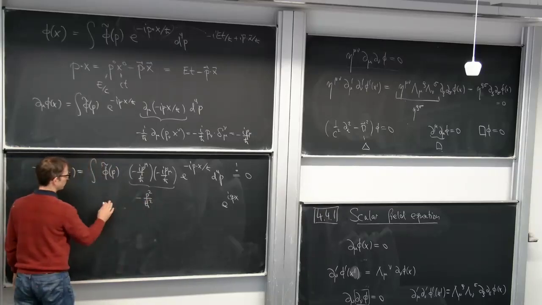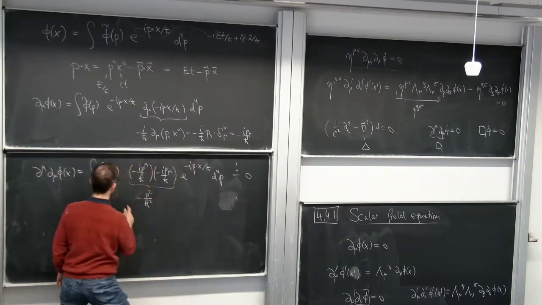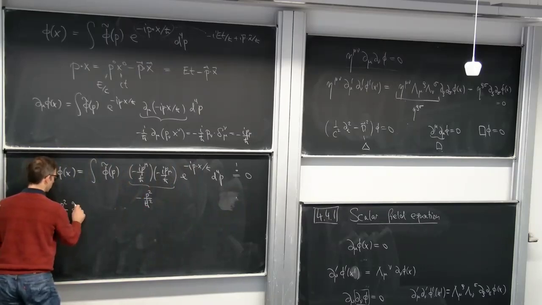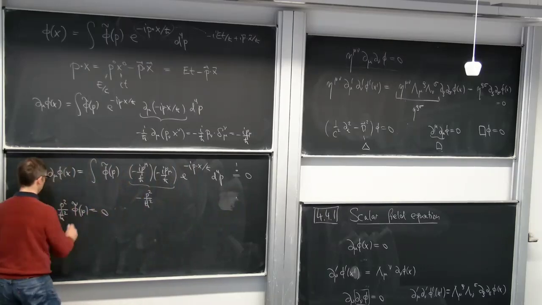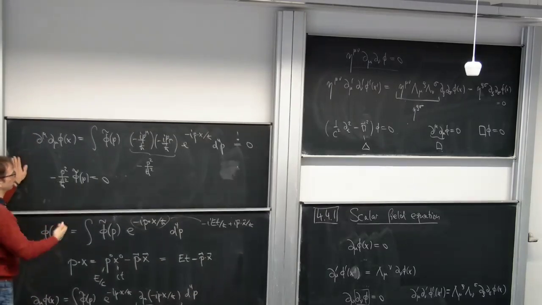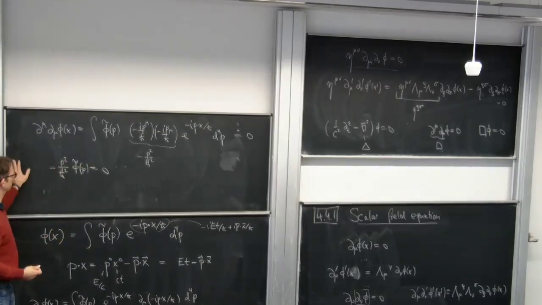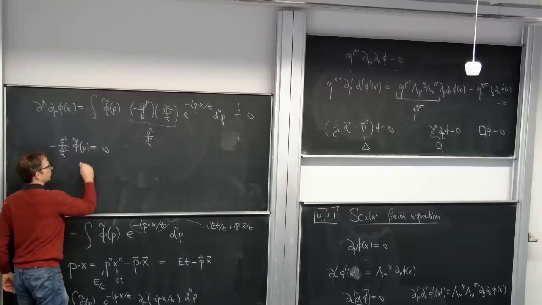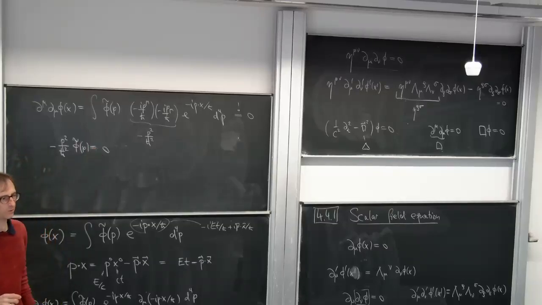But you know that the Fourier modes are independent, and then the equation is minus p squared over h bar squared phi tilde of p equals 0 for all the p's, so separately for all the p's. And there's not even a derivative there, it's just an algebraic equation.